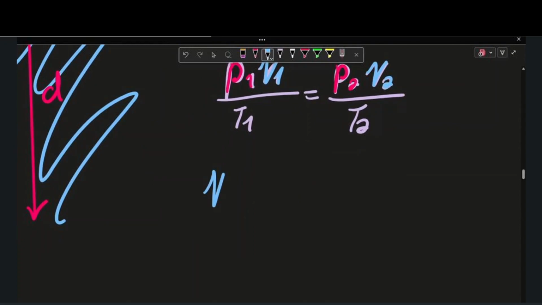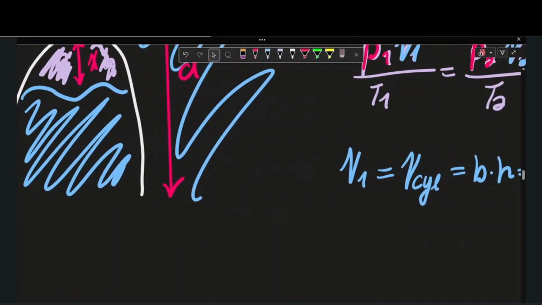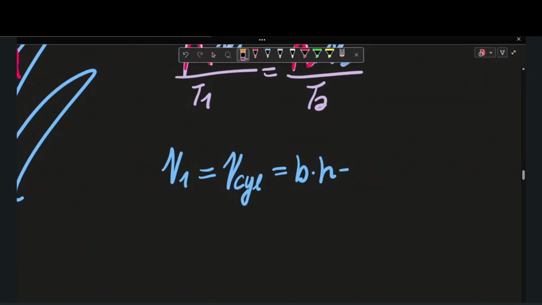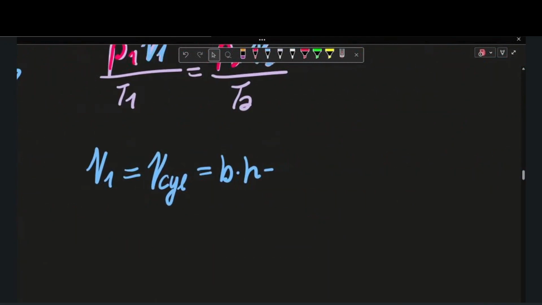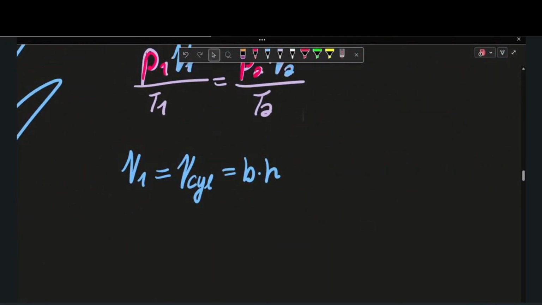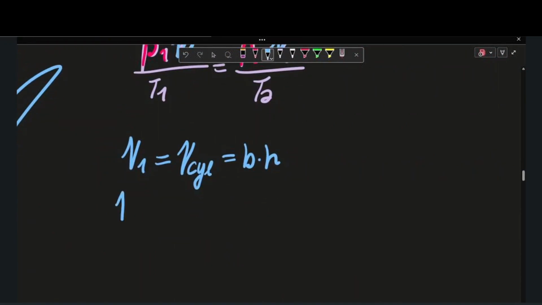So volume initially is just the volume of a cylinder, which is just base times height, which here we have as base times h. We also know that the volume at the end is the volume of water.